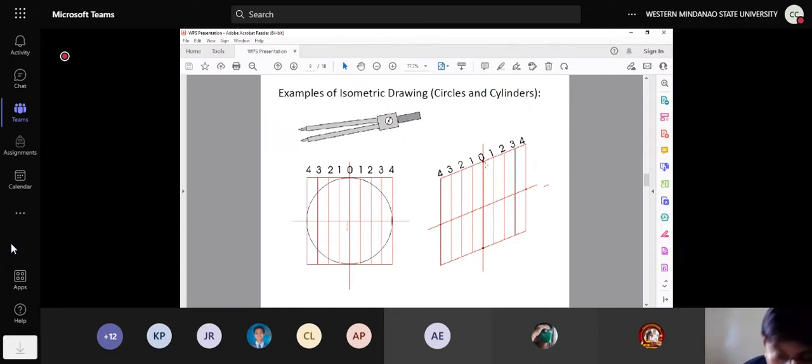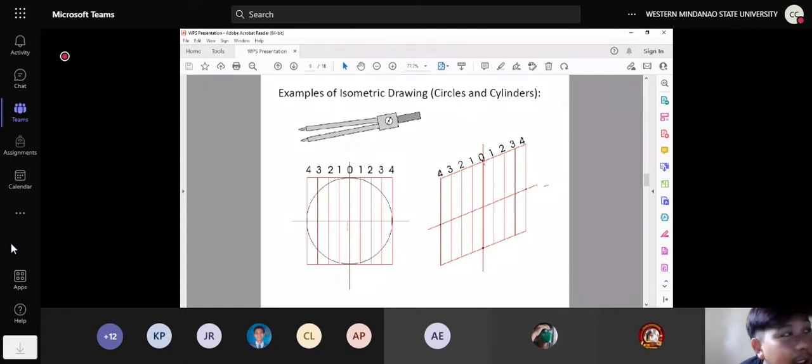First, yung center line dito, dyan natin kukunin yung 4 points, yung pinaka-importanteng points sa ellipse natin para ma-determine natin yung minor and major axis ng ellipse.